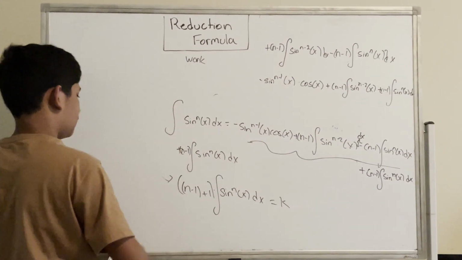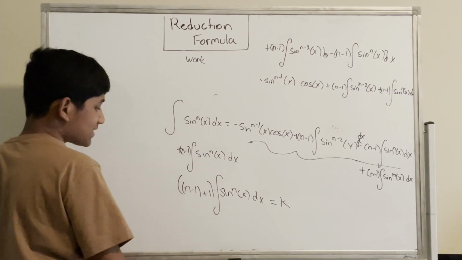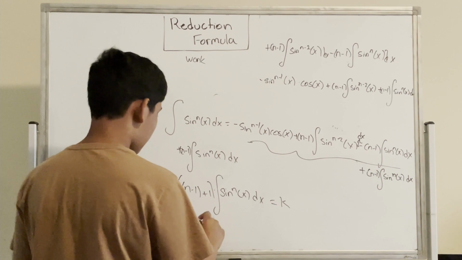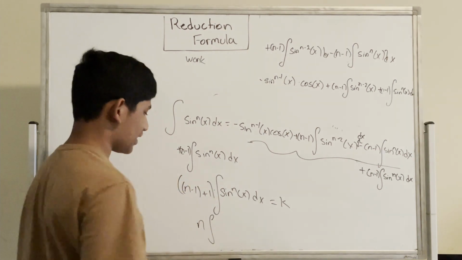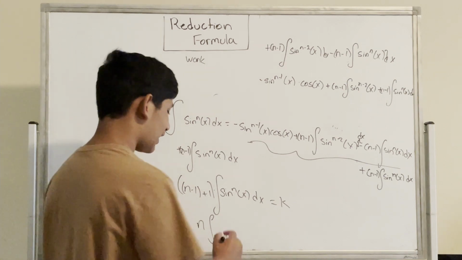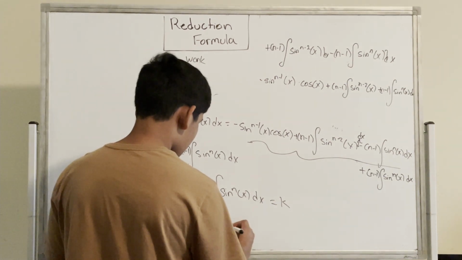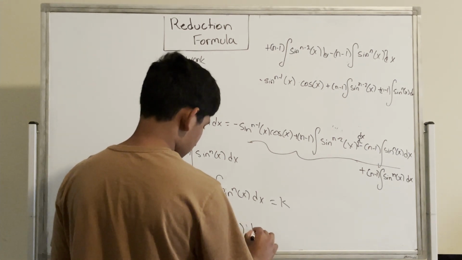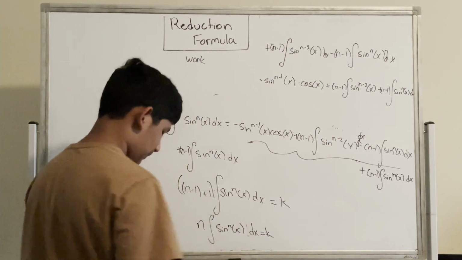Now, let's continue. As you can see over here, we can simplify this part to just get n, because n minus 1 plus 1 is just n. So we get n times the integral of sine n x dx is equal to k.